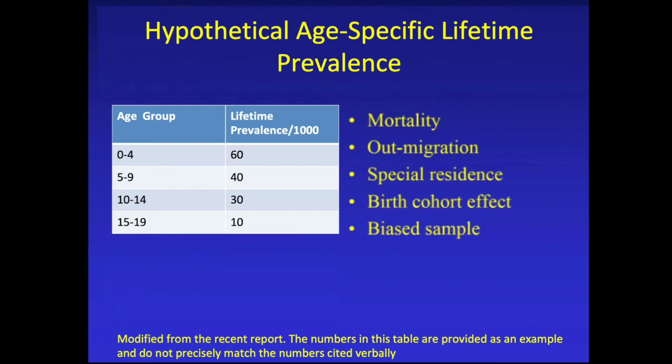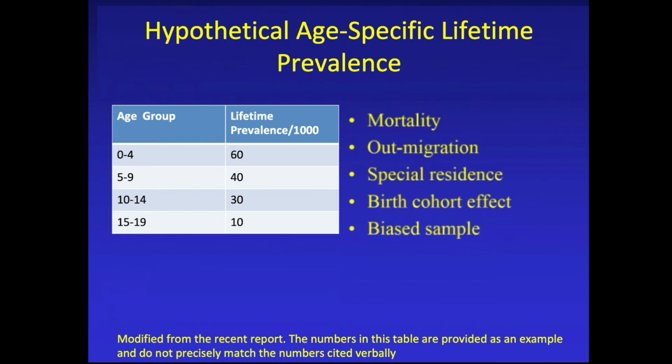But since this is lifetime prevalence, the prevalence should not decrease, it should increase, because there are more children developing epilepsy between 5 and 9, and the only way one could explain this strange change would be either mortality, meaning that 4% of the total childhood population is dying of epilepsy. That could be one explanation.